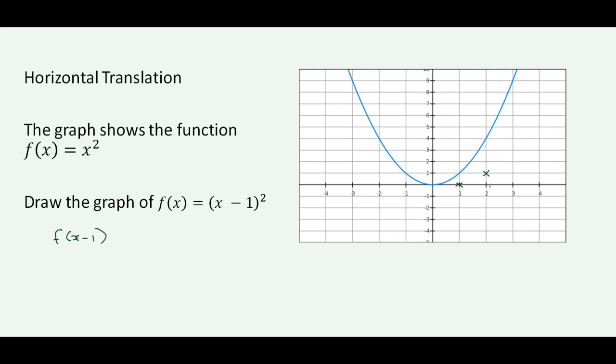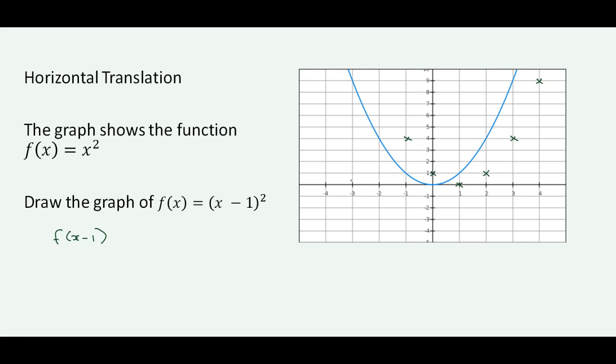Where you have 2, 4 is now going to be 3, 4, and then 3, 9 is going to be 4, 9. Then minus 1, 1 is going to be 0 and 1. Minus 2 and 4 is going to be minus 1 and 4.